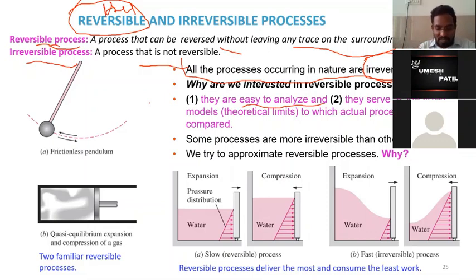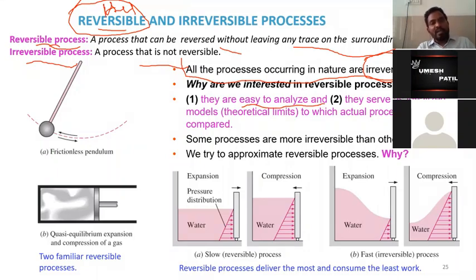Right? So for that, we need to define, or we need to have an ideal process first, to compare the actual processes, and that way we can improve the existing processes. Means for all the irreversible processes, if I want to analyze them and improve their performance, then I need to have some reference standard process, and those are nothing but reversible processes or ideal processes.